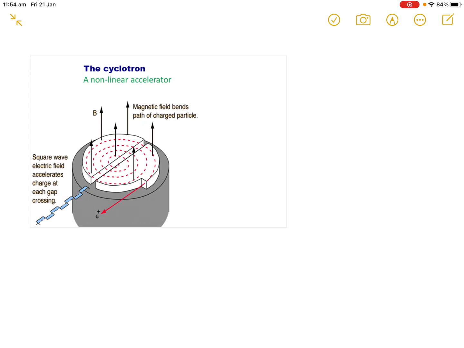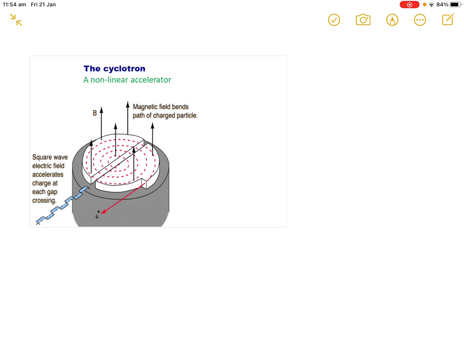But when it gets to the gap between the Ds, and that's a very deliberate gap, this is all done in a vacuum, of course, there'll be a few centimetres gap there, there is an electric field placed across that gap in such a way that the proton is always attracted across the gap. So as it's leaving the left-hand D, the left-hand side of the D would be made to be positive to repel it away, and the right-hand side of the D at that point would be negative to attract it across.